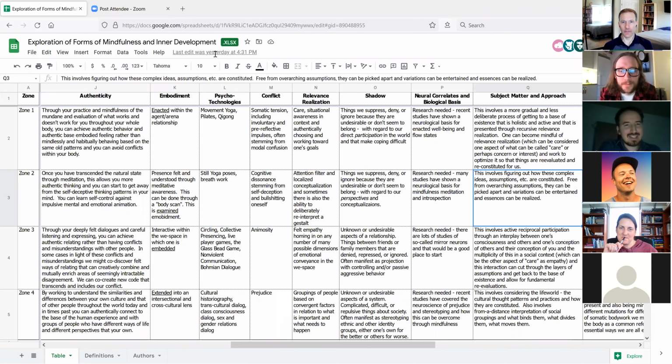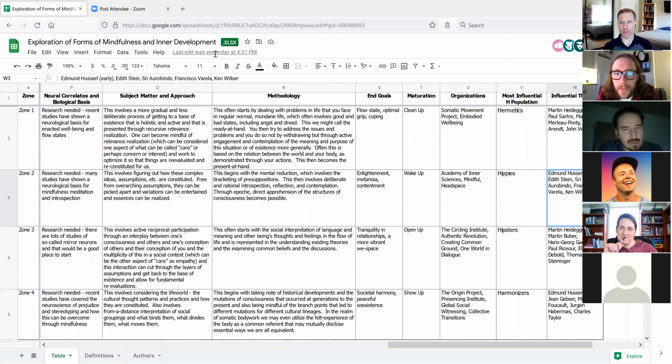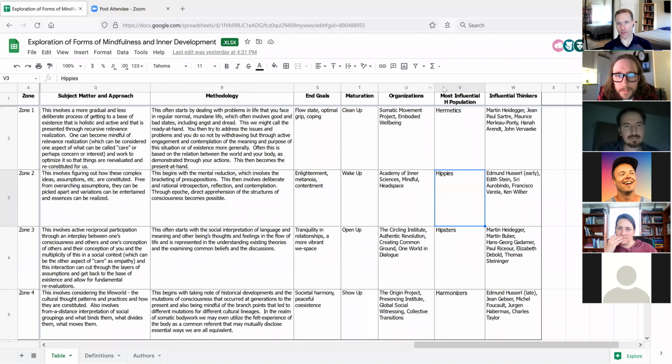Let me see. If I scroll over far enough, we might get to something that is going to be a little bit controversial in the Hansi sphere, and that is the most influential H population. Now, some people have already correlated the H populations with the development dimensions, so I have it organized in that way. I think it might have been Andrew Porter and Lawrence Clark who did that correlation, or maybe some other people.